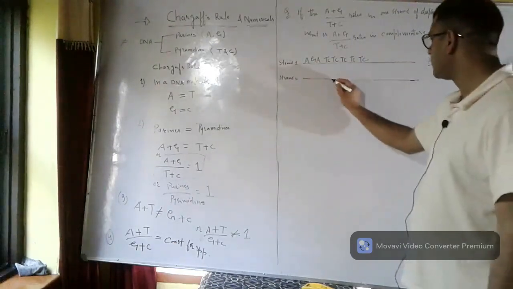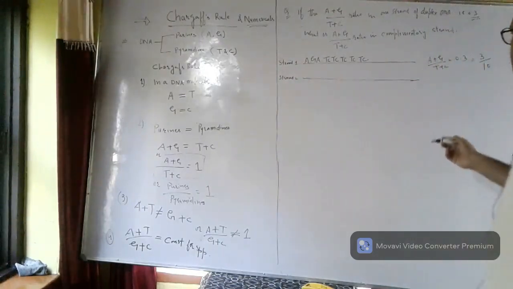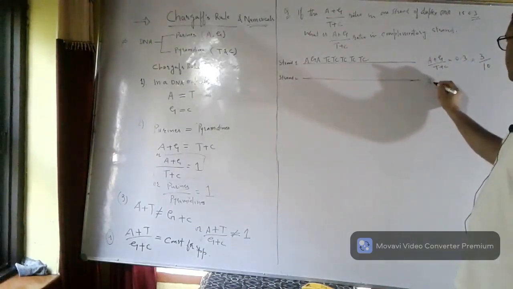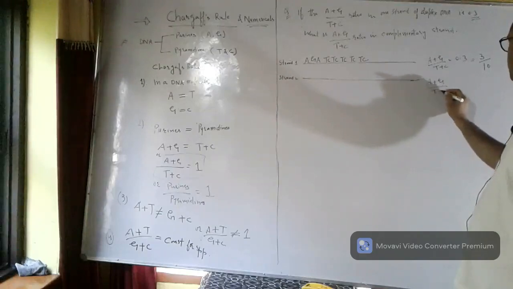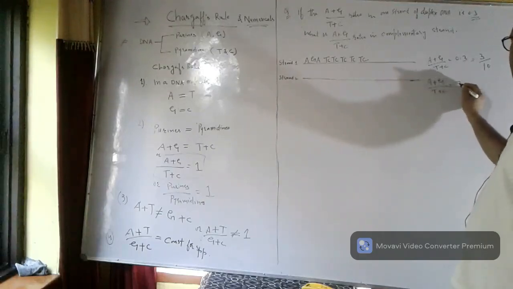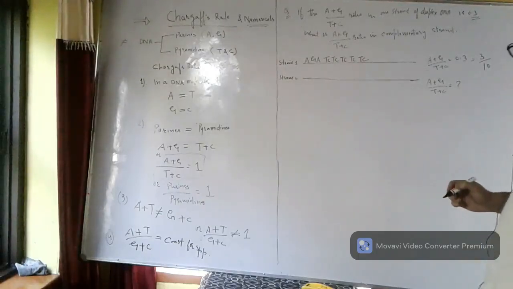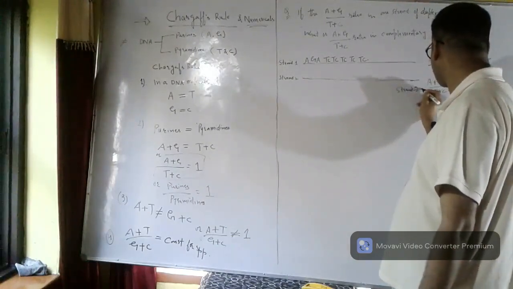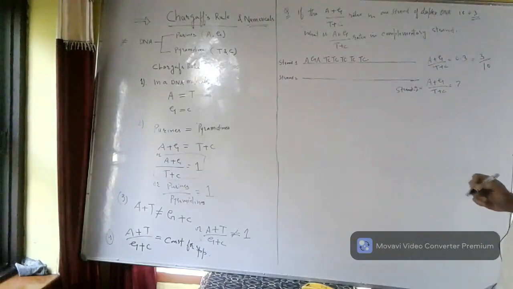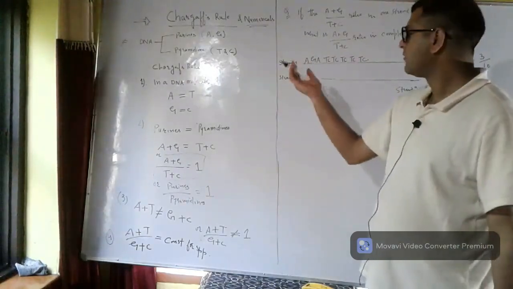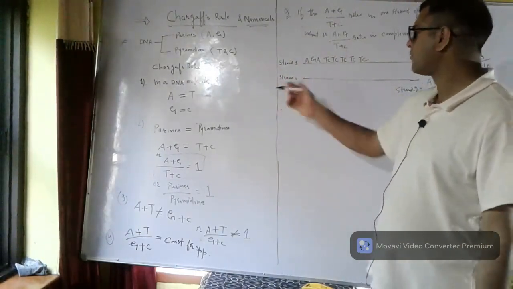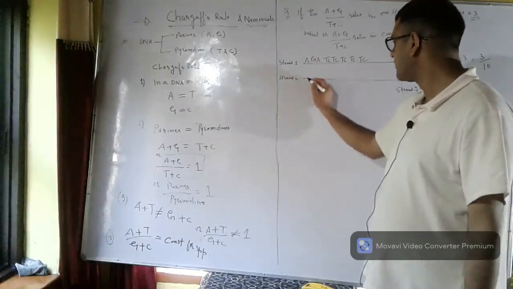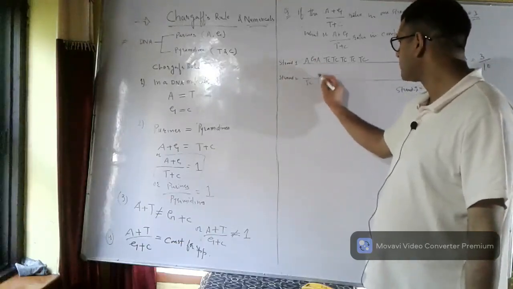Then we have to calculate adenine plus guanine by thymine plus cytosine in strand second. We know, according to Chargaff's rule, that the amount of adenine is equal to the amount of thymine.